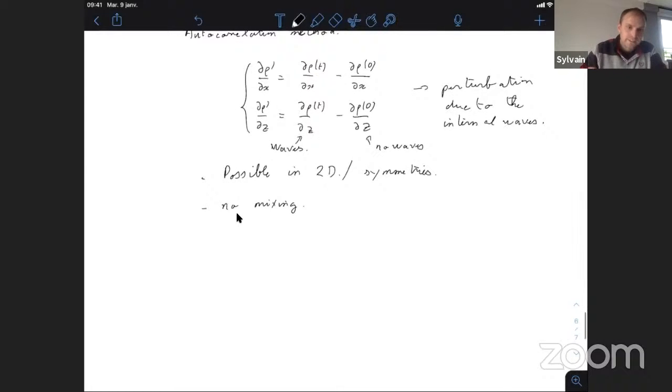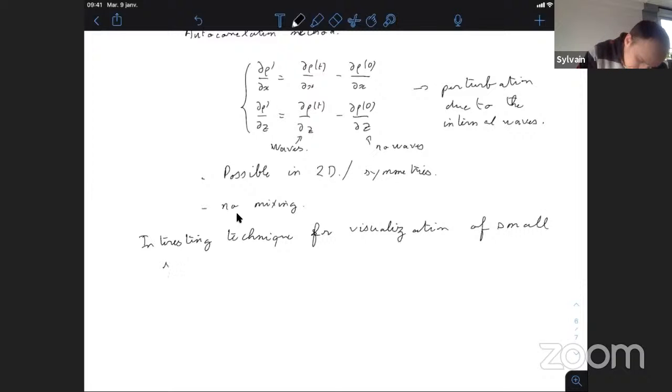So that's why it's an interesting technique for visualization of small scales. And this is because we are looking at the gradient of density, which is proportional to k times the density. So you increase the small scales by this method.